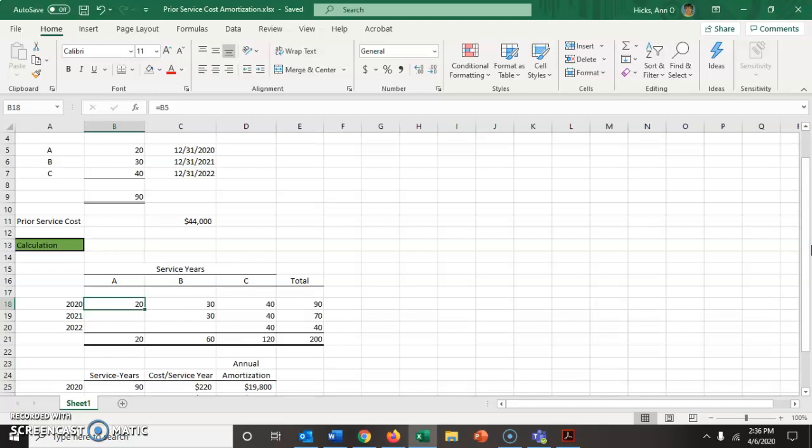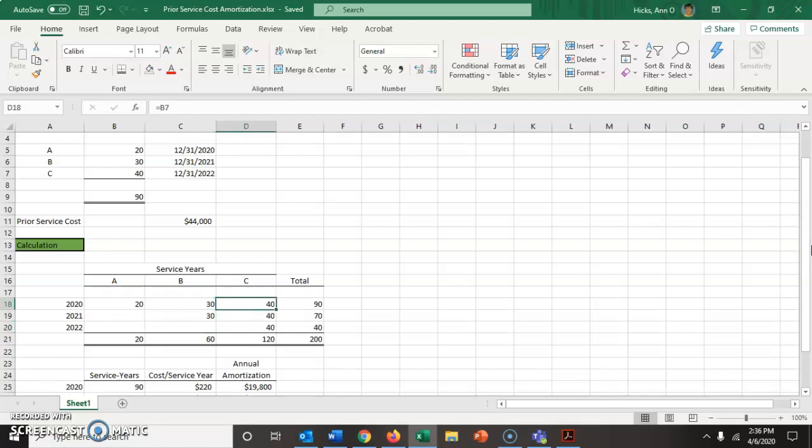So that's 20 service years in 2020 and no service years for the following years because they're retiring at the end of current year. Group B has 30 service years represented by the 30 employees in that group, and those 30 employees lead to service years for both 2020 and 2021 because they're retiring at the end of 2021. But zero service years for the year 2022 because they will have already retired.